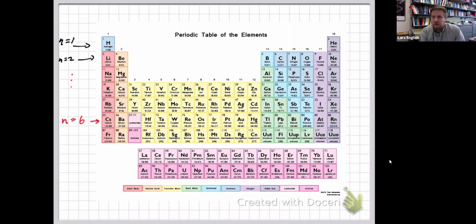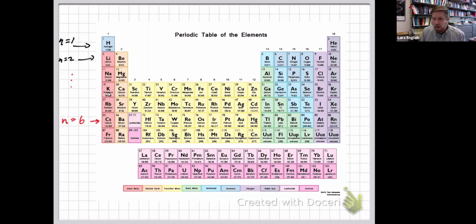We can make sense of the overall structure of the periodic table, and with a little bit more investigation, we can even understand why, for instance, the 4s gets filled before the 3d. That had to do with the effects of shielding and the penetration of the 1s shielding. In any case, that's where we're at.